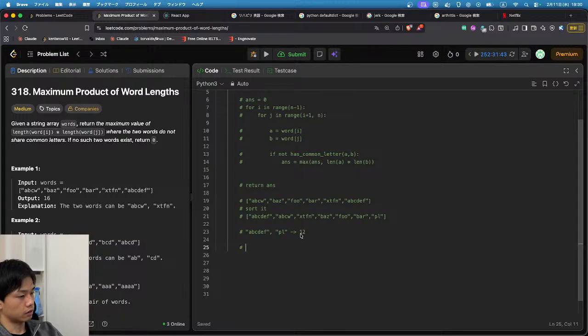we cannot find out if this is the maximum, so we have to check the next words.